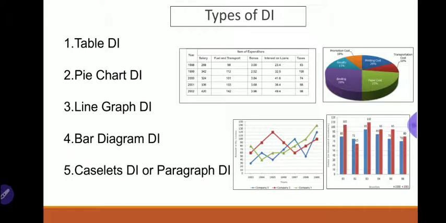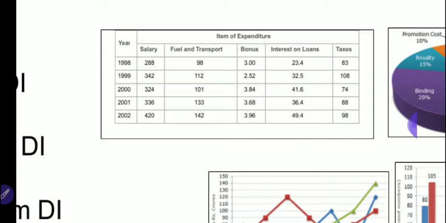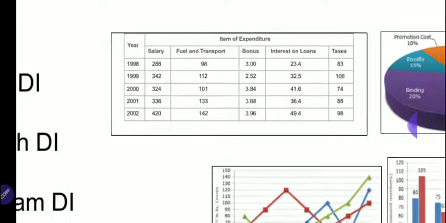So that data may be given in the form of a table. The first type is the table DI, in which the data will be given in this kind of table. In this example, the first column is the year and the next columns are item expenditure: salary, fuel transport, bonus, interest on loans and taxes. You have to read all these values and headings in the first few seconds so that you understand what is given in the table.